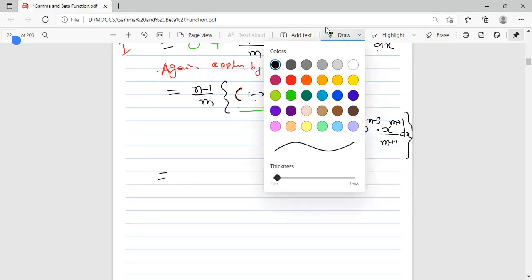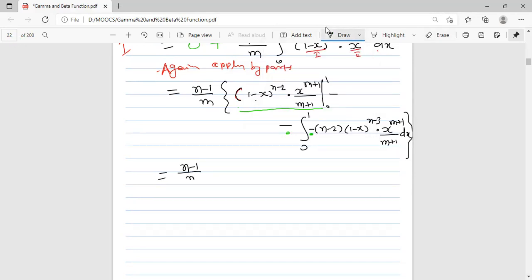This becomes n minus 1 divided by m, the second term n minus 2 divided by m plus 1 into integration 0 to 1 of 1 minus x raised to power n minus 3 into x raised to power m plus 1. This is after we apply integration by parts the second time.